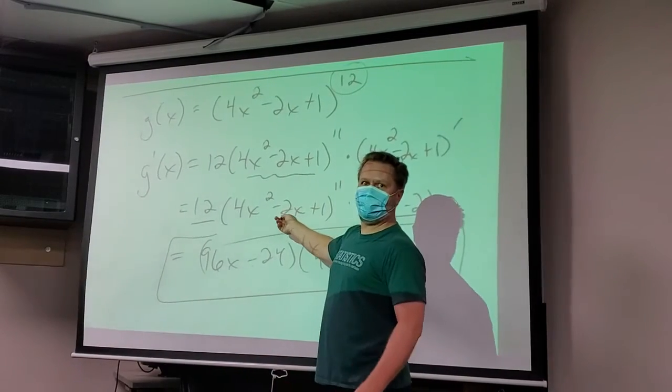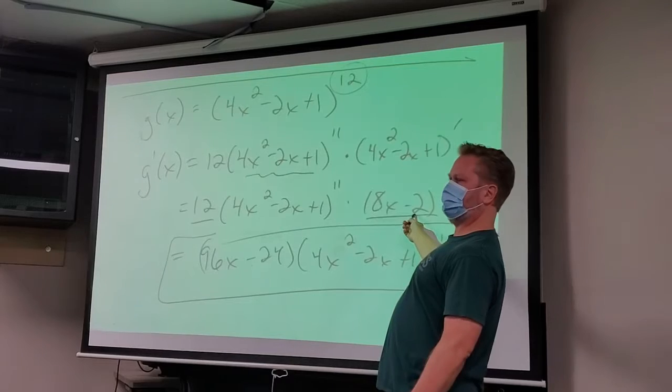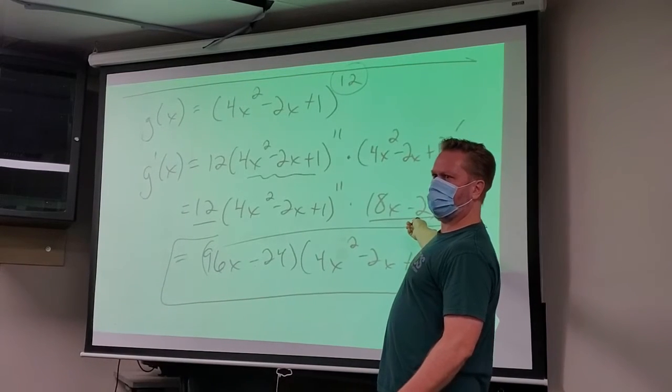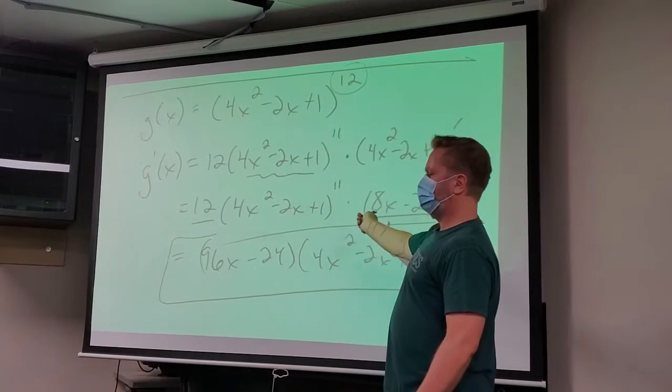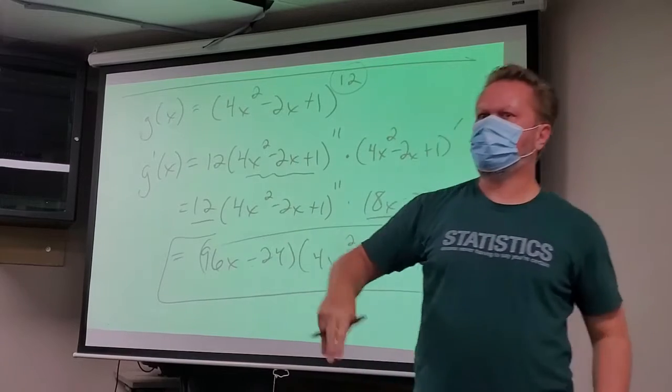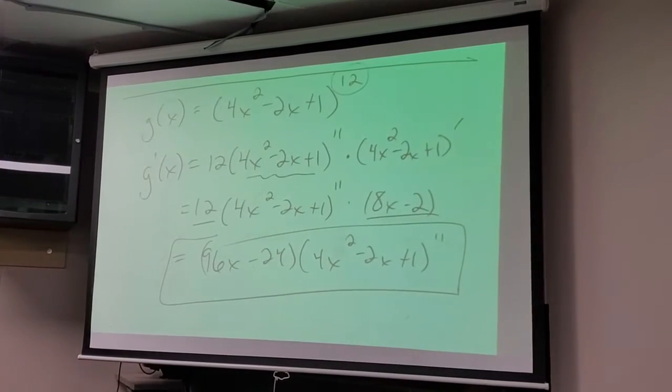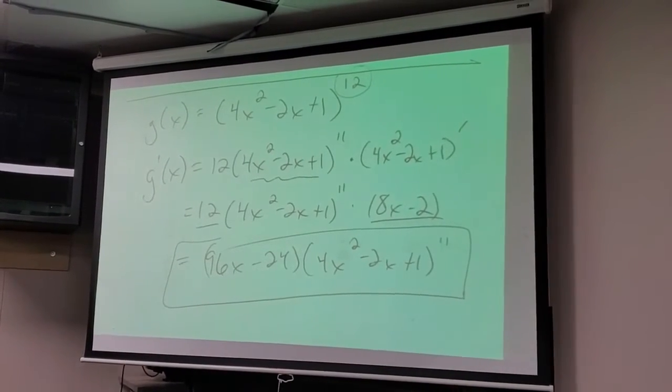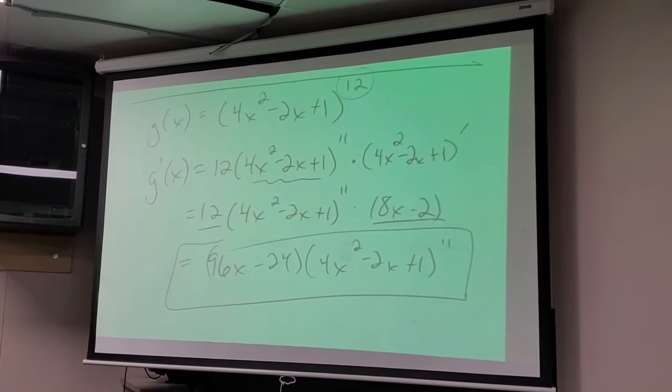Yeah, the slope of this line is negative 2. That's kind of like the way I did it the very first time we did multi-term polynomials. Okay, maybe?